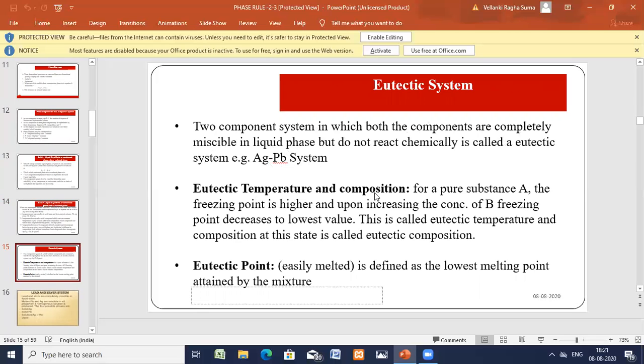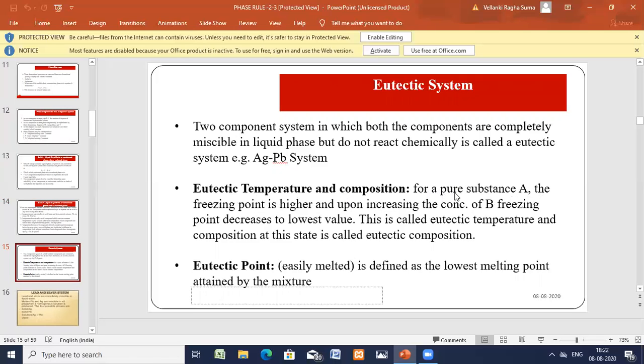Now, eutectic temperature and eutectic composition.